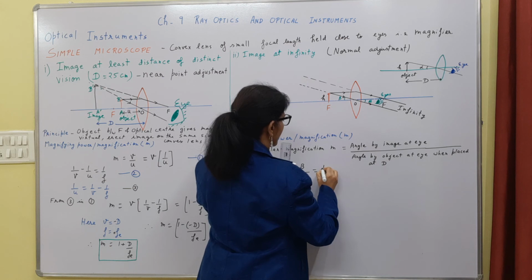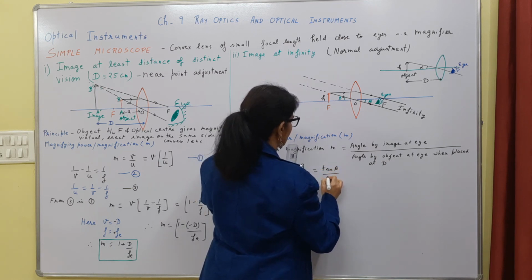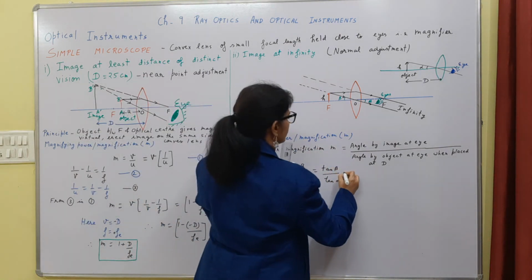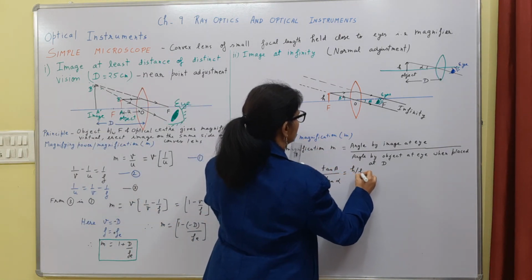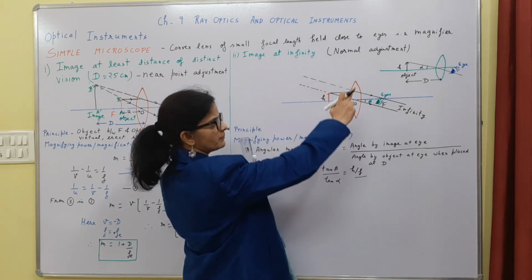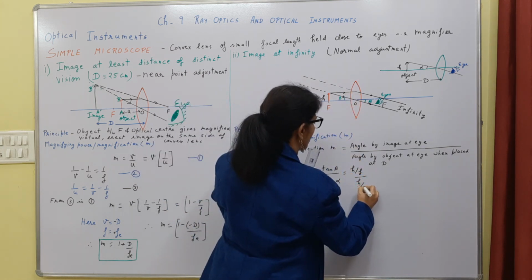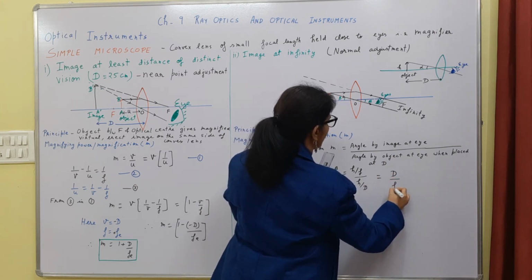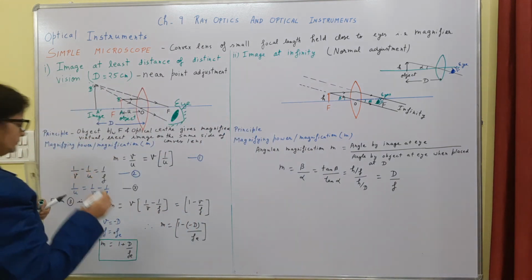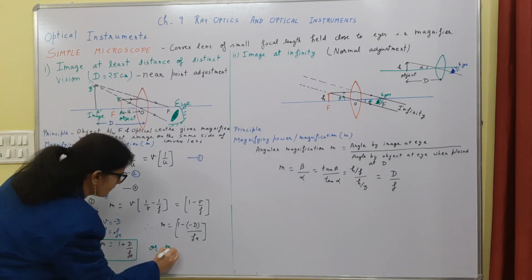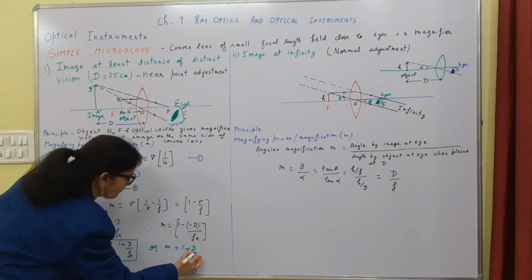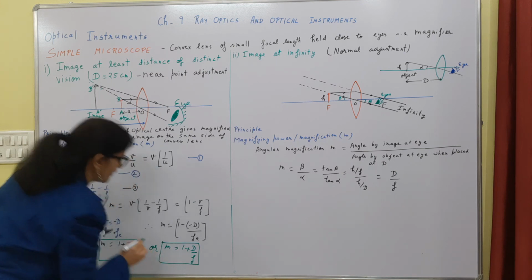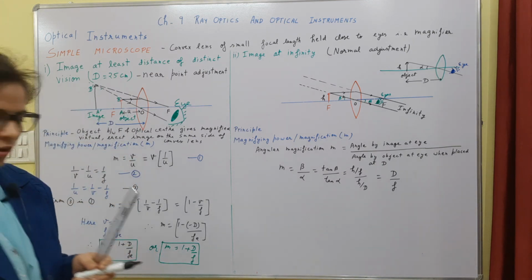This can be written as tan beta upon tan alpha. Tan beta can be written as h upon f, and tan alpha can be written as h upon D. So this will be D upon f. See, here also we can simply write it as D upon f, or 1 plus D upon f, since there is only one lens, so there is no concept of eyepiece or objective.